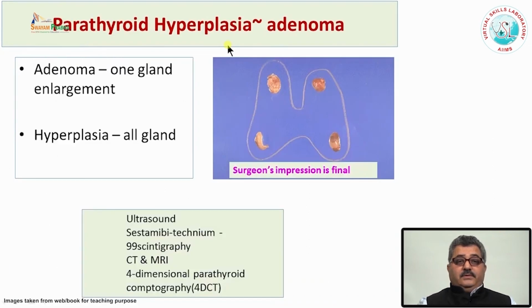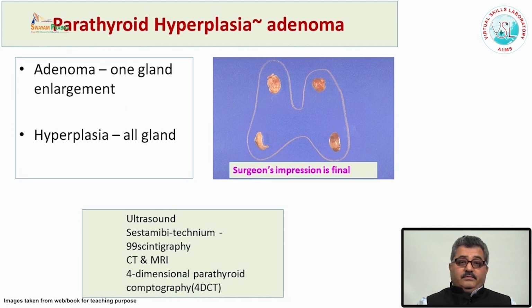How to differentiate between parathyroid hyperplasia and adenoma? This diagram shows that in adenomas, only one gland is involved, which is enlarged. In hyperplasia, all glands are involved. So in the older era, the most important diagnostic difference between the adenoma and the hyperplasia was the surgeon's impression during surgery.